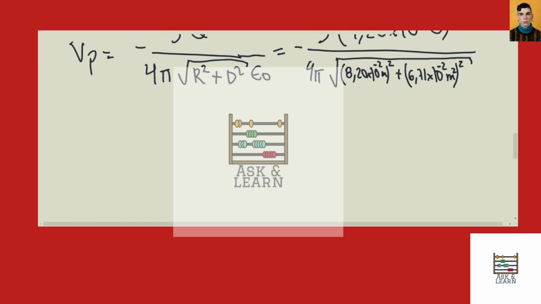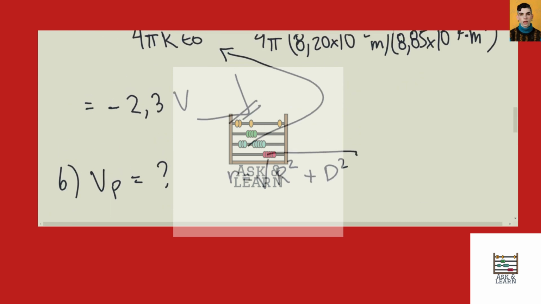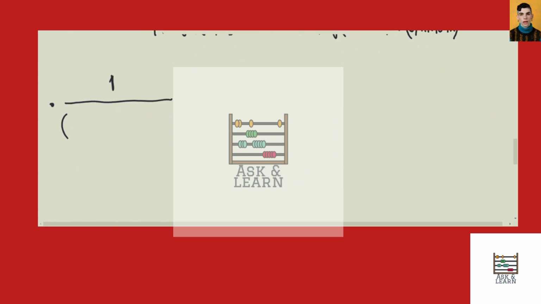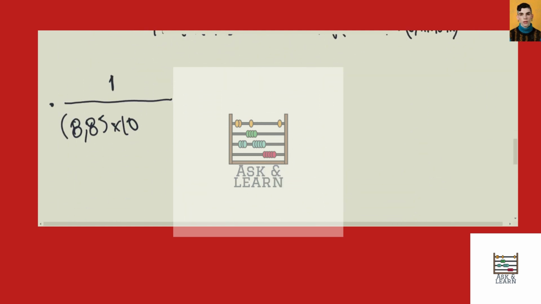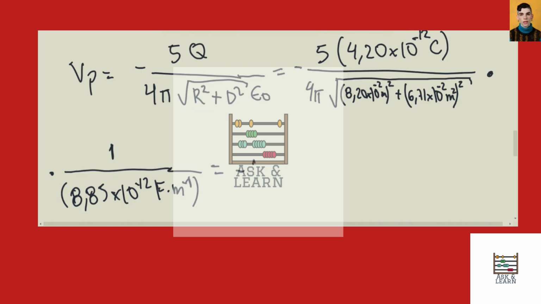I'm going to put it right in here. It is in the denominator, so we just multiply this by this, and that is 8.85 times 10 to the minus 12. So putting all of this into the calculator, we obtain minus 1.78 volts.